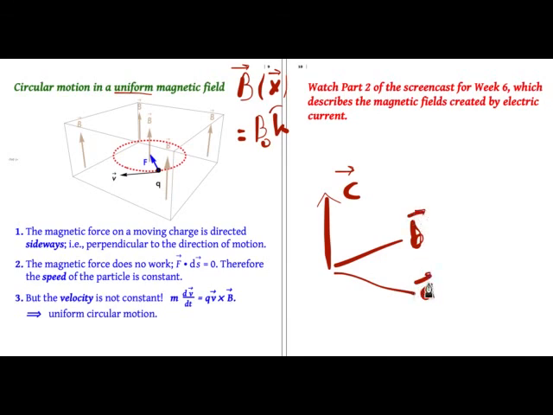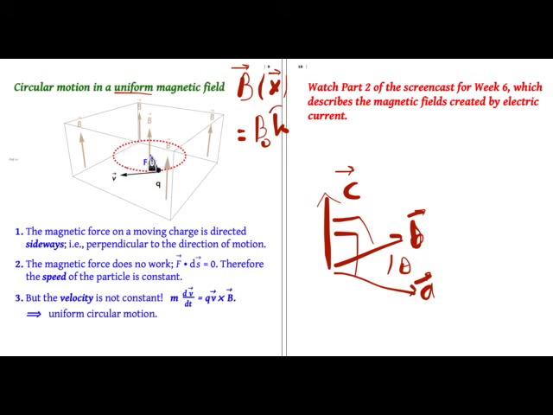And A cross B is C. C is perpendicular to the plane spanned by A and B. That means it's perpendicular to A, and it's perpendicular to B. A and B aren't perpendicular. A and B are separated. The angle between A and B is theta. But the angle between A and C is 90 degrees, and the angle between B and C is 90 degrees.